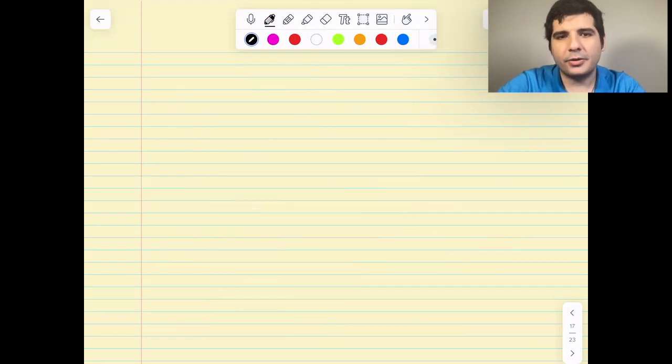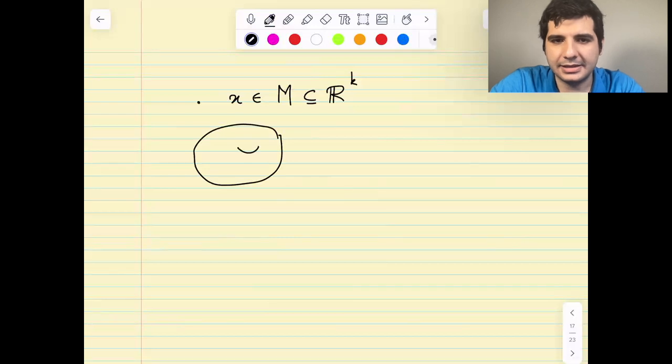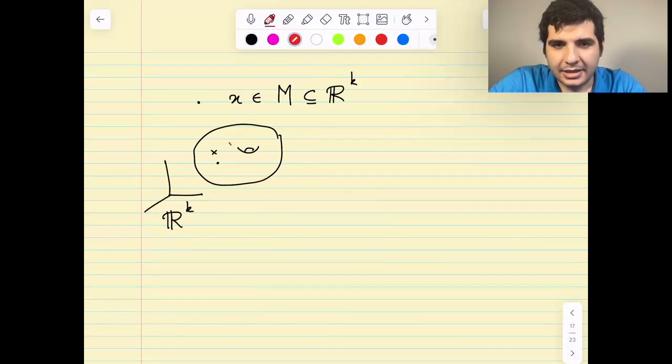So for the sake of defining tangent spaces, let's first assume our manifold is embedded smoothly inside some Euclidean space Rk. Let's pick a point x. Pictorially, this is M sitting inside Rk, and there is a point x. Now I want to define the tangent space of M at the point x.